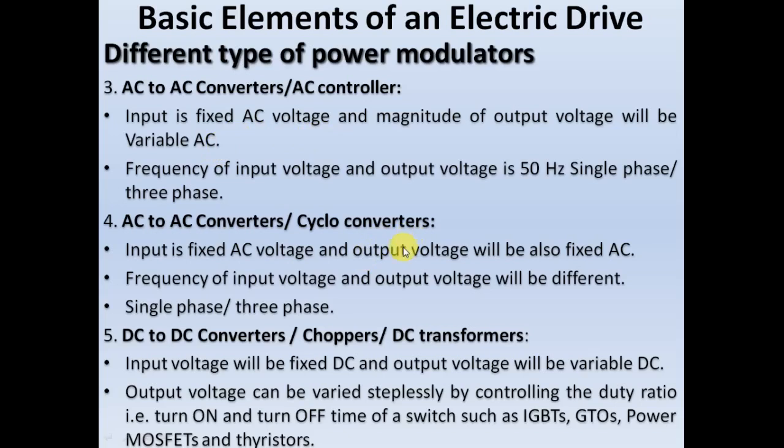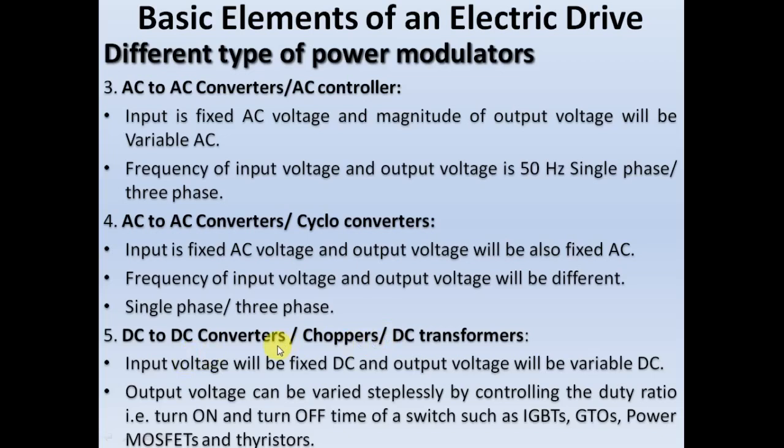Whereas in the case of the cycloconverter, the input AC voltage is fixed, and we are able to change the frequency, so that the frequency of input voltage and output voltage will be different.